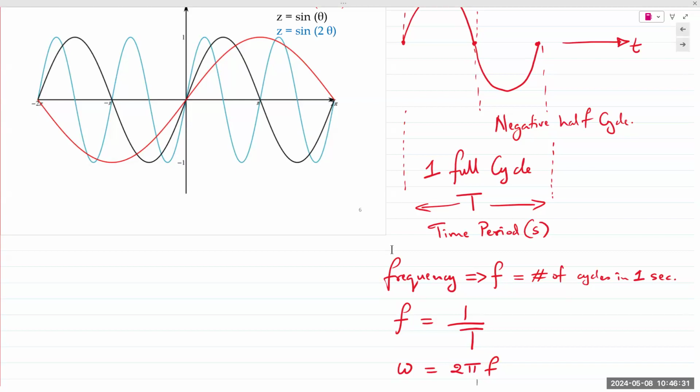So AM is broadcast in the 600 kilohertz range. FM is broadcast over 100 megahertz. Wireless phones, microwaves, your wireless routers, they all run 2.4 gigahertz or 5 gigahertz bands. That's 5 into 10 raised to 9.